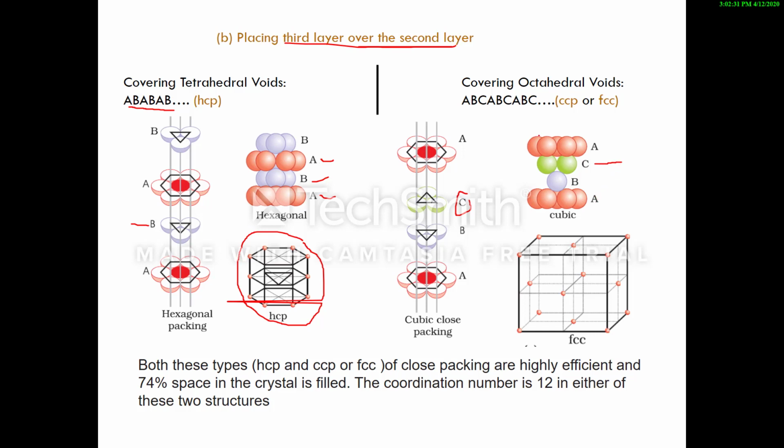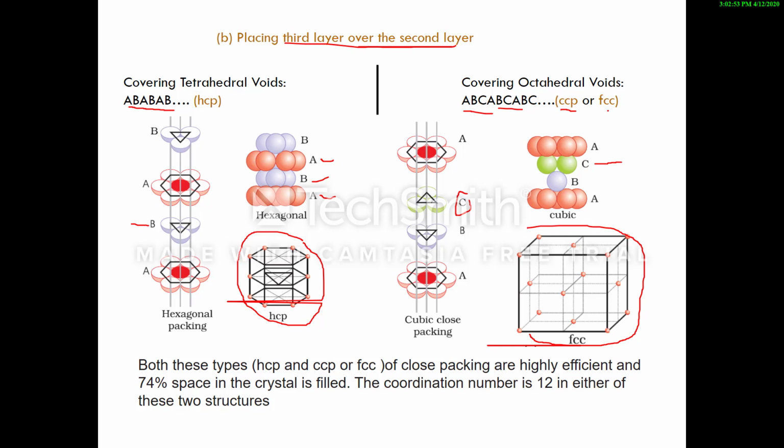That's why this is called ABC type pattern, and we will get this type of geometry, which is called cubic close packing, CCP, which is similar to the FCC which we already discussed, that is face centered cubic.